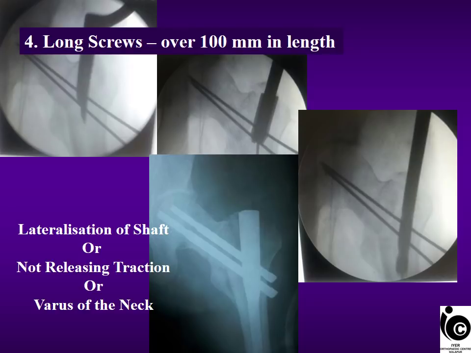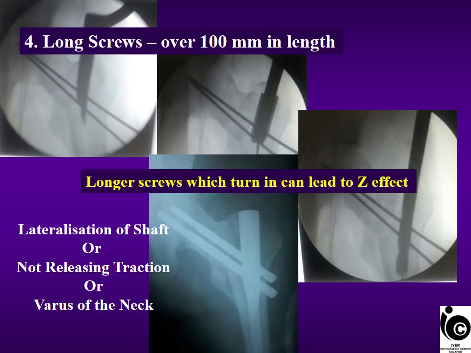You have inserted the nail through the fracture site, so the shaft has got lateralized by about 15 to 20 millimeter. The second reason is not releasing the traction, or it's the varus of the neck. All these three causes make the screw length required longer than 100 millimeters.